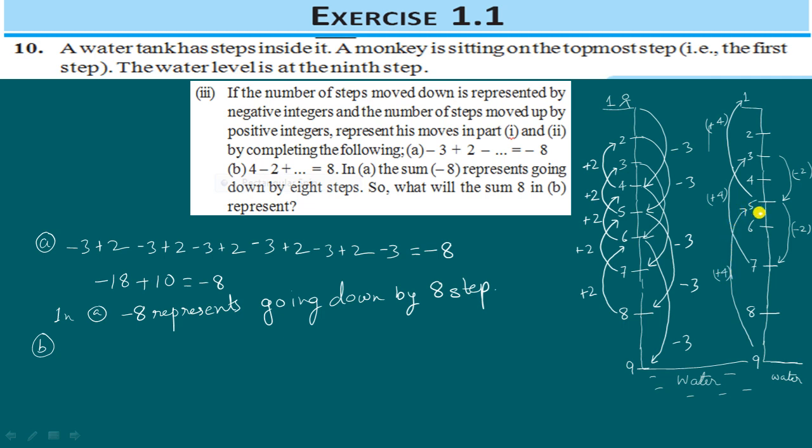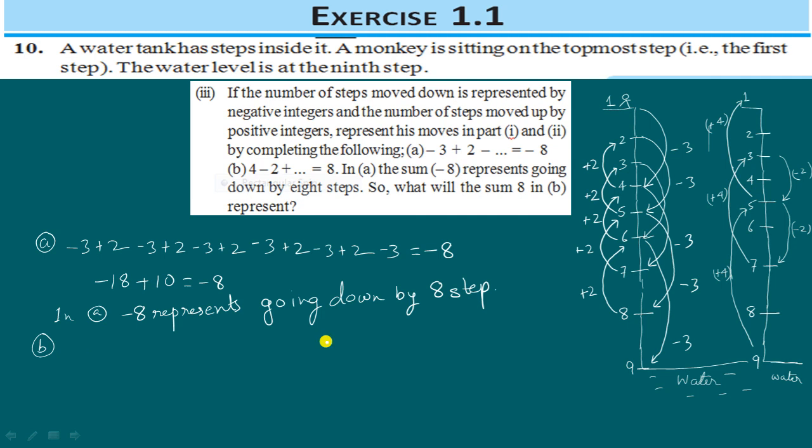And he comes down 2 steps, that is minus 2. Here see 1, 2, this is minus 2. Again he goes 4 steps up, to the third step, and again he goes down 2 steps, and again 4 steps up.